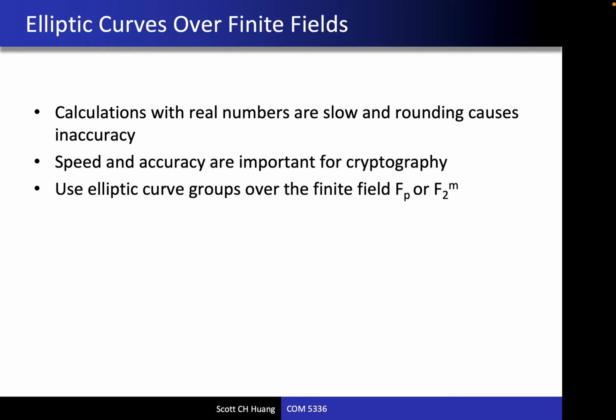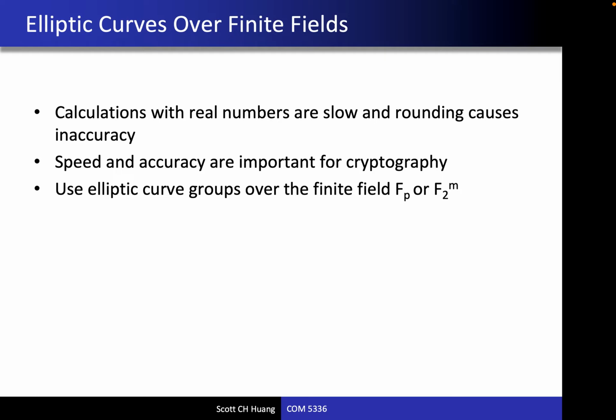The characteristic is really important when we go from real numbers to finite fields. Anyway, calculations with real numbers are slow, because floating point numbers are slow.